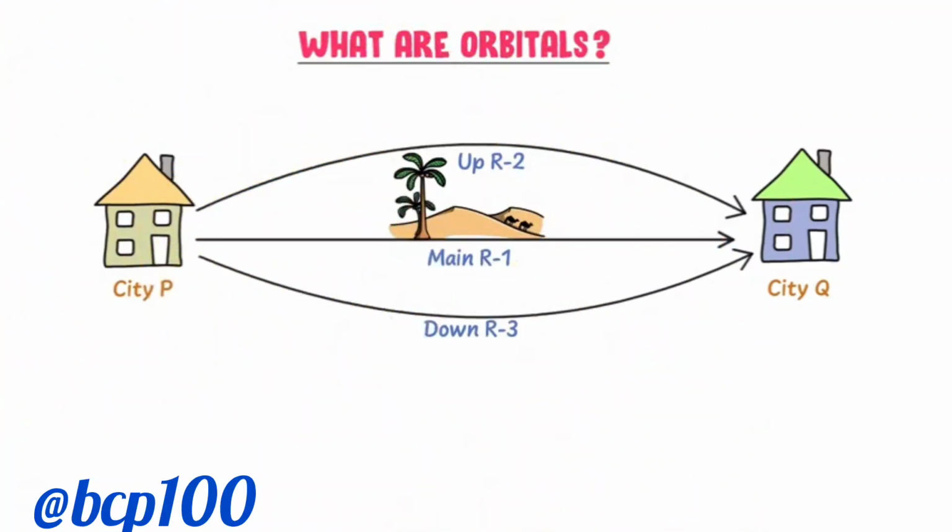Consider that there is a car in city P and you are waiting for its arrival in city Q. Let the car often use road 1, the main road, from city P to city Q, but sometimes it may move on subroutes like route 2 or route 3.